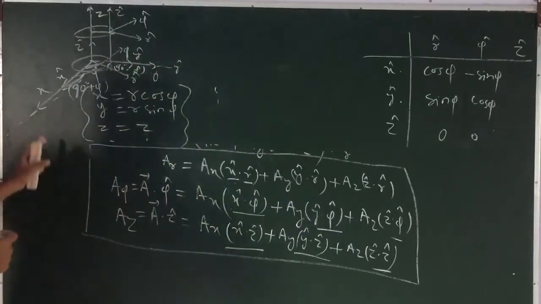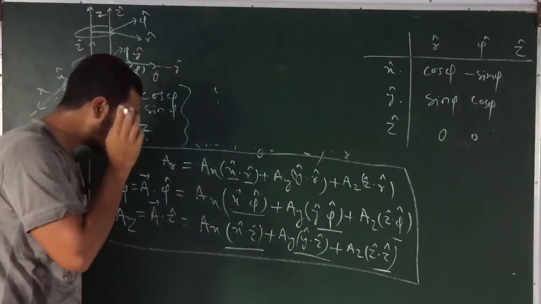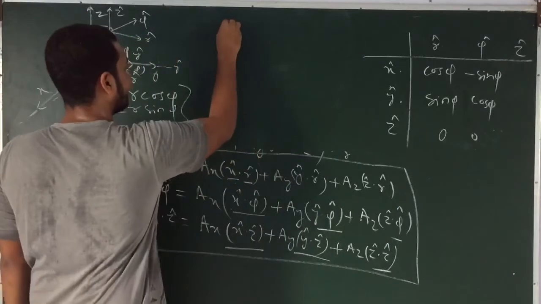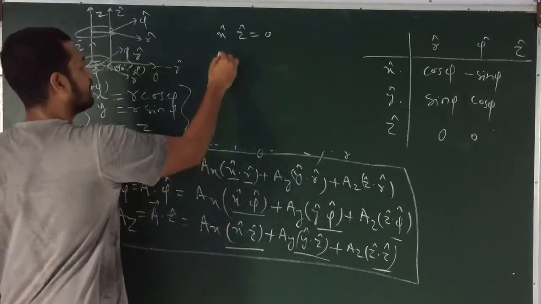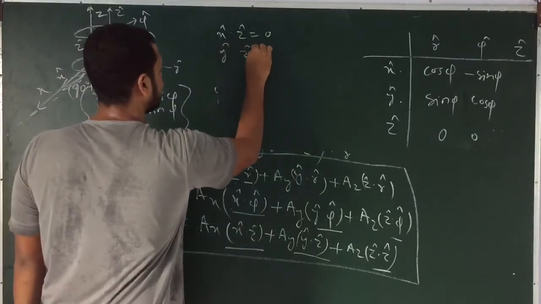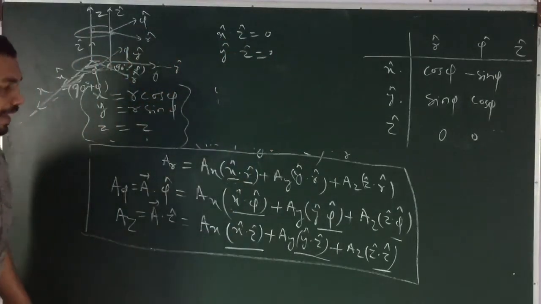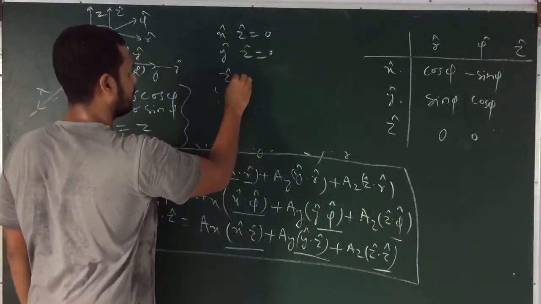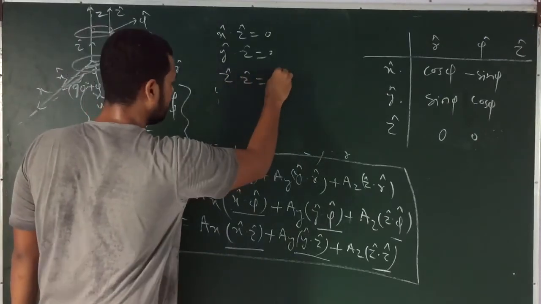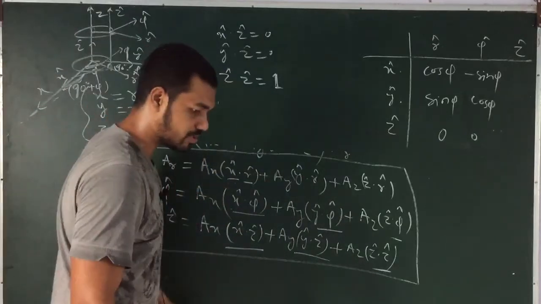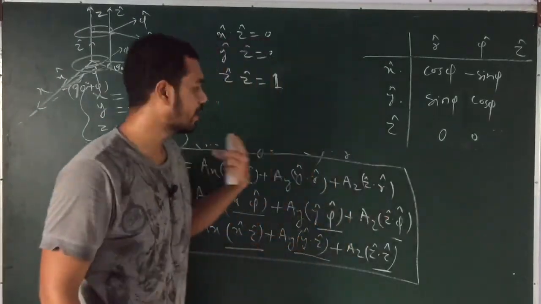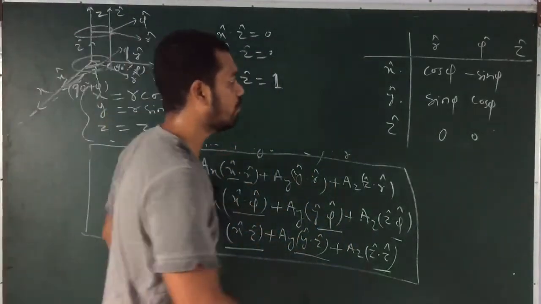That's why the angle between them is 90 degrees. So we will get x cap dot z cap is always 0. Similarly, y cap dot z cap is always equal to 0. And z cap dot z cap will be equal to 1, because the angle between z cap and z cap is 0 degrees, and cos 0 equals 1. So if I fill the table, I will get 0, 0, 1.